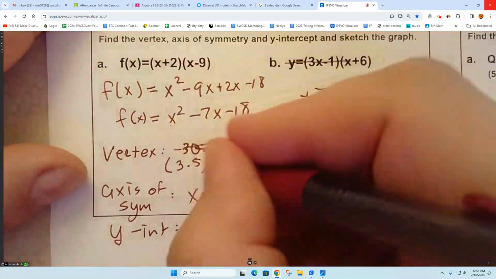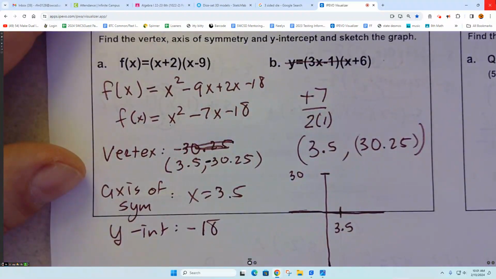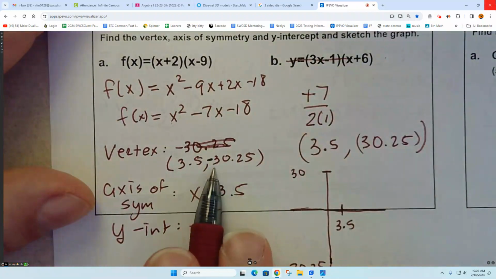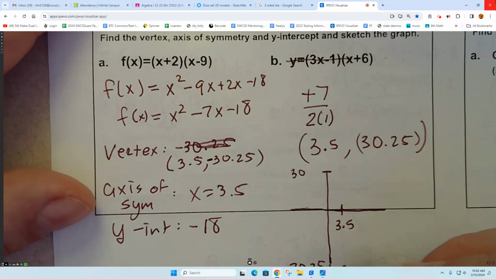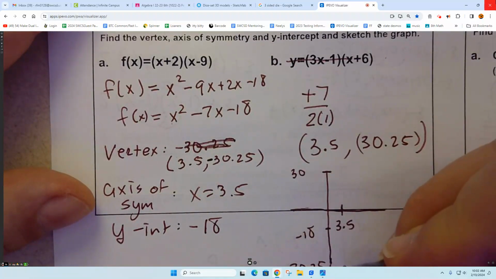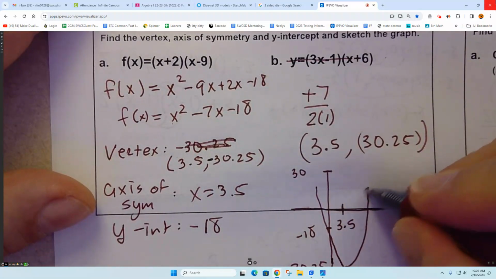Oh, just kidding. Negative there. I was just checking myself. Yeah, no. So this vertex should be negative down there. So down here, my y-intercept's negative 18, which would be roughly there. And then the graph is smiling because A is positive.